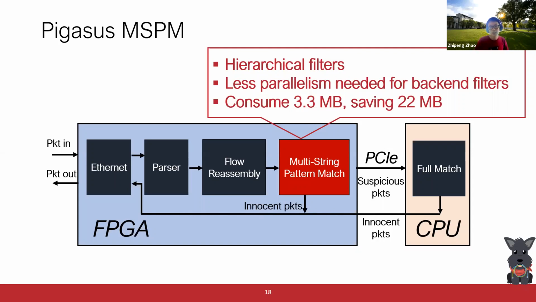And the back-end filter only needs to catch up with the hit rate of the previous level filters, such that we can use fewer replicas for the back-end filter to save memory. So overall, we only need 3.3 megabytes of VRAM, saving about 22 megabytes of VRAM compared with prior algorithms.